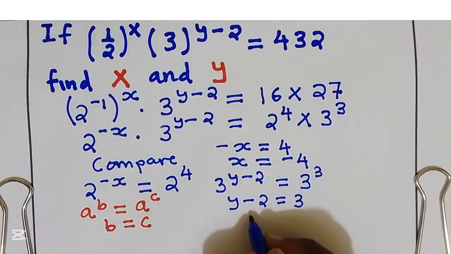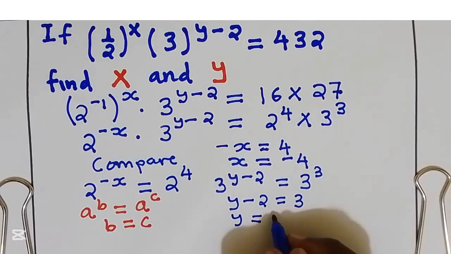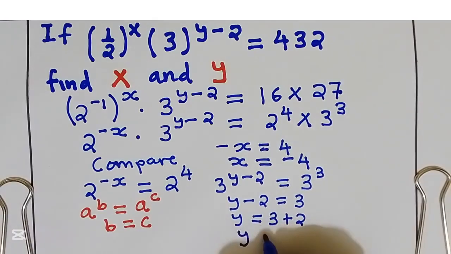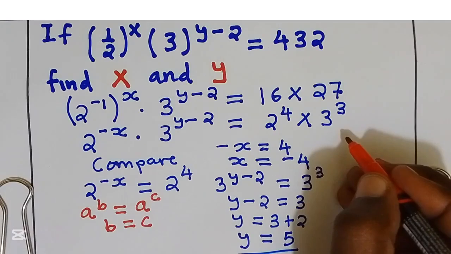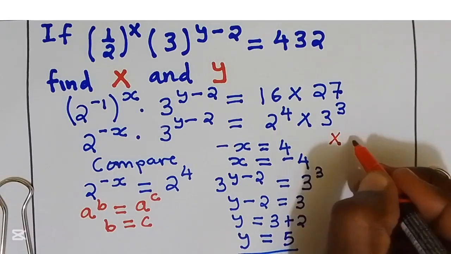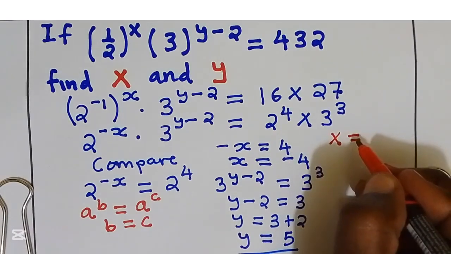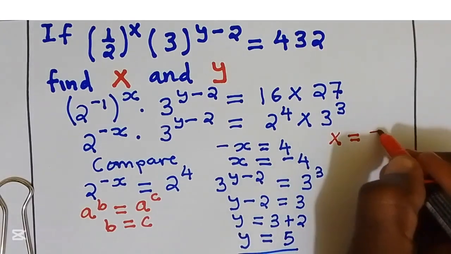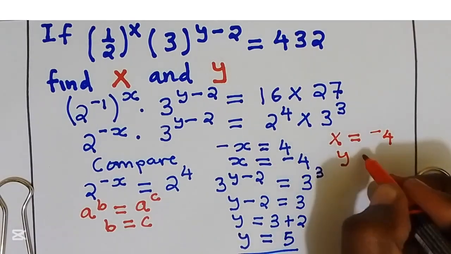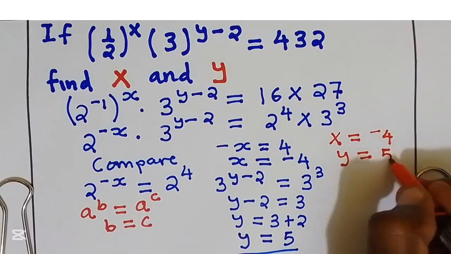I'm going to add 2 to both sides. Now y will be equal to 3 plus 2, y equal to 5. So the value of x is equal to minus 4, and the value of y is equal to 5.